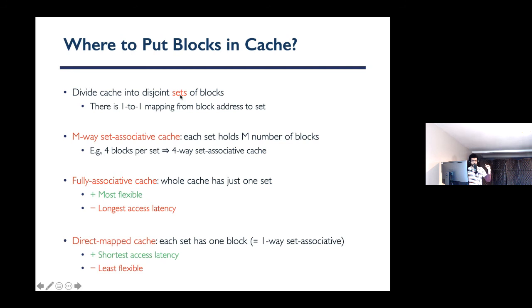Now, if you have M-way set associative cache, it means that each set has M blocks. If you have fully associative cache, it means that you have only one set that contains all the blocks. If you have a direct map cache, it means that each set has one block. So these two are the two extremes, and then M-way is something in between.